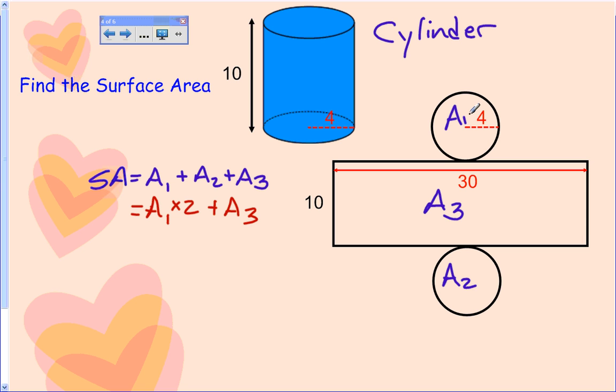So how do I find the area of a circle? It's pi times the radius squared. So that's 3.14 times 4 squared, or 3.14 times 16. Let me punch that in my calculator. 3.14 times 16. I get 50.24.